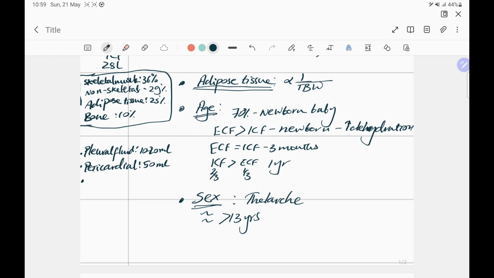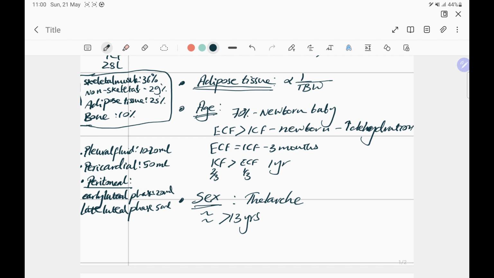And then you have your peritoneal fluid. The peritoneal fluid value changes in females with regard to the menstrual cycle. You know that the female has a menstrual cycle. In the early luteal phase, it's around 20 ml, and in the late luteal phase, it's 5 ml.